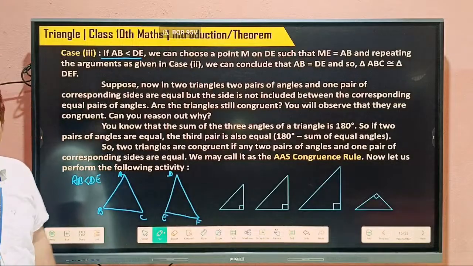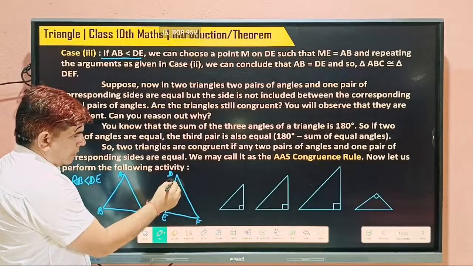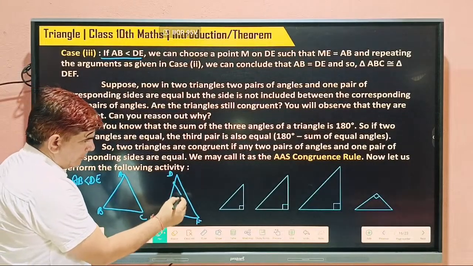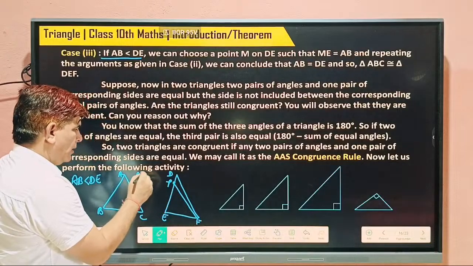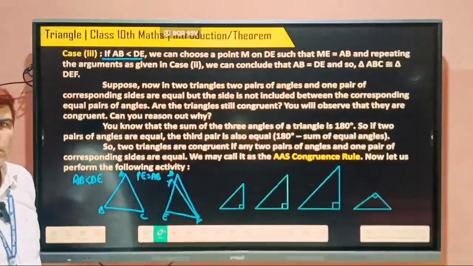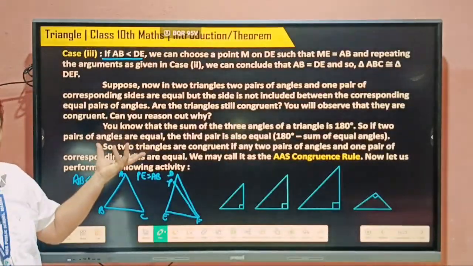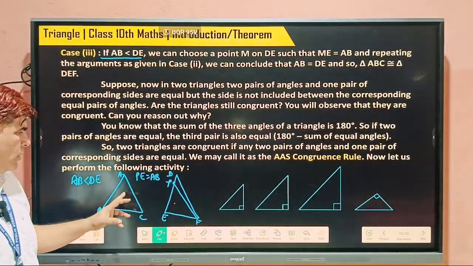Then there is a point here on DE such that point P, we can say PE equal to AB. The same proof becomes what we have done in the second part.